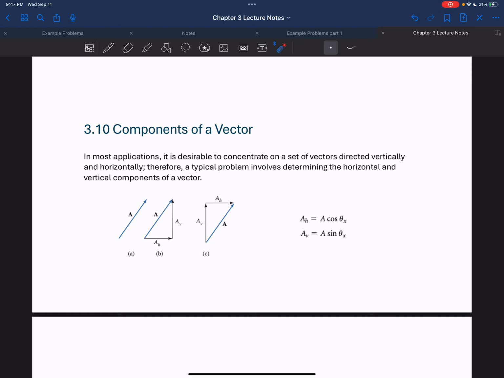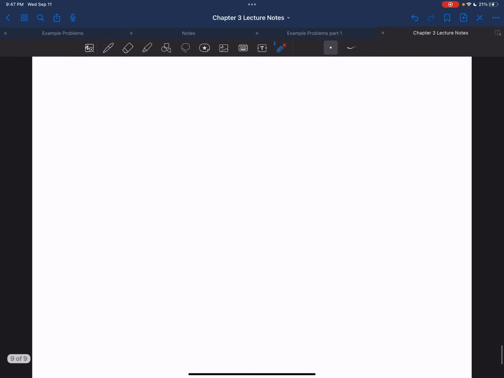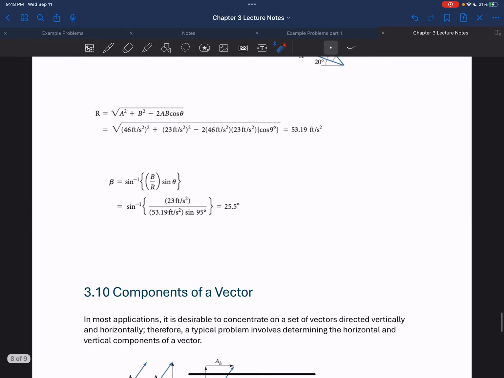Here we're looking at h and v. So if we have this vector A, we can look at it as Ah in the horizontal and Av in the vertical, where Ah is A times the cosine of theta x, and Av is A times the sine of theta. So again, this should be straightforward, really.